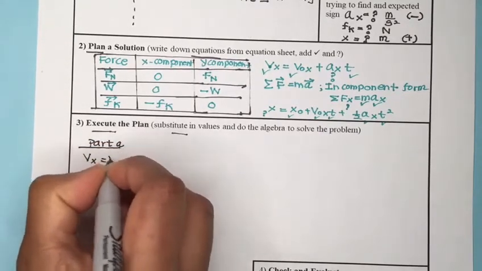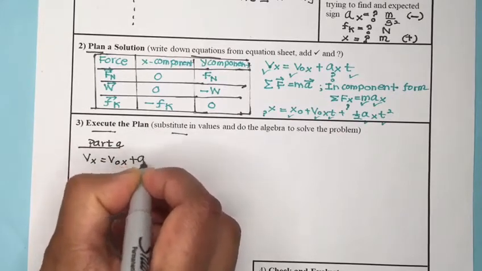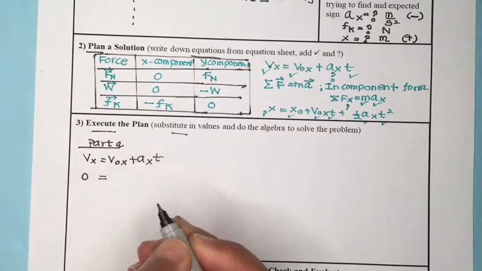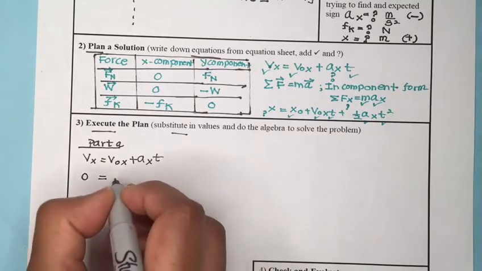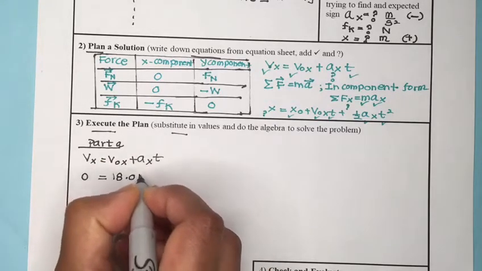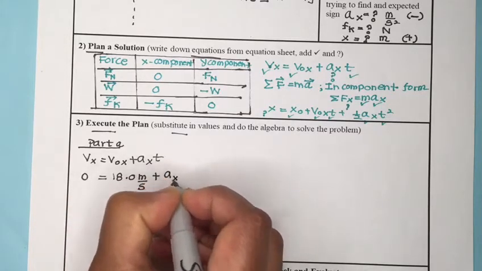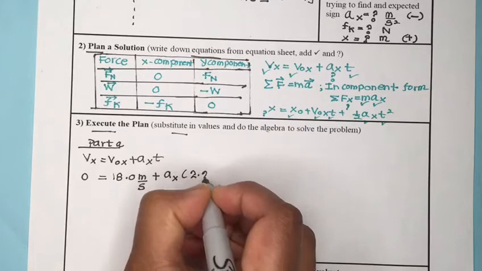I'm going to use the equation and do the substitution. Initial velocity 18 meters per second. It's positive because the object is moving to the right. And acceleration is an unknown, times time, which is 2.2 seconds.